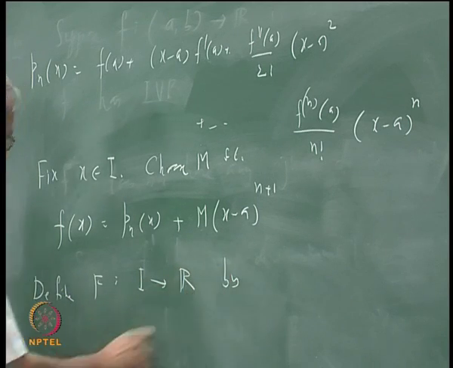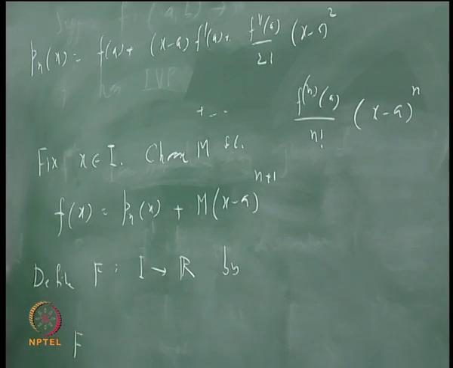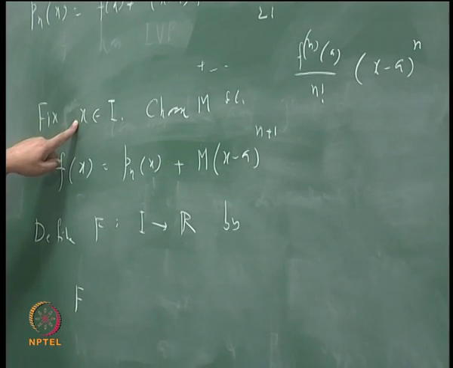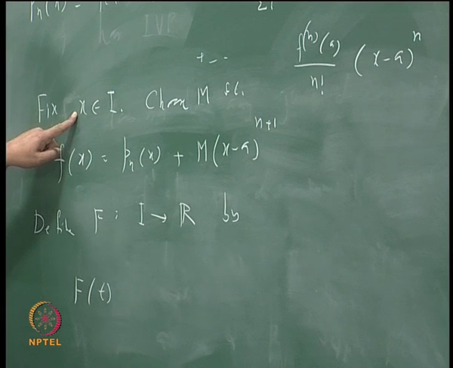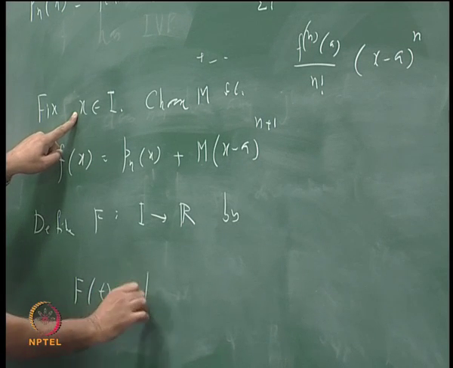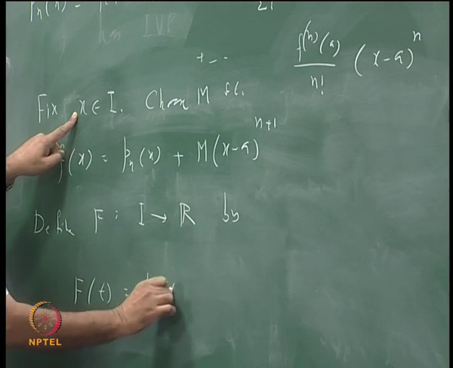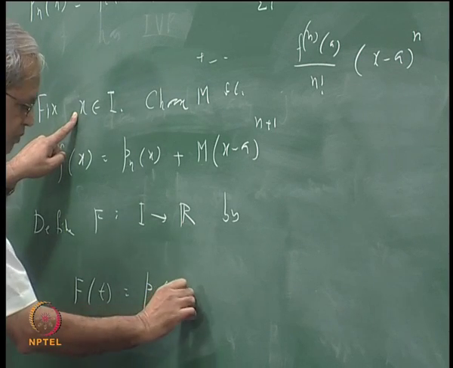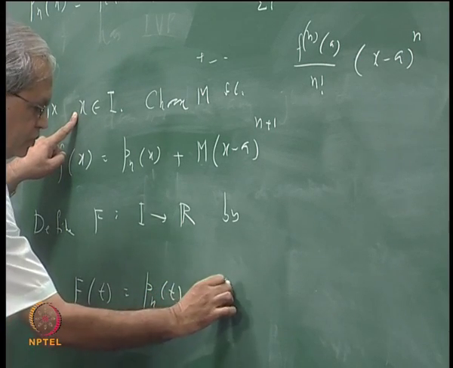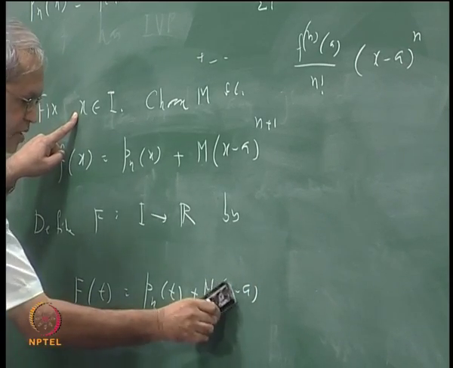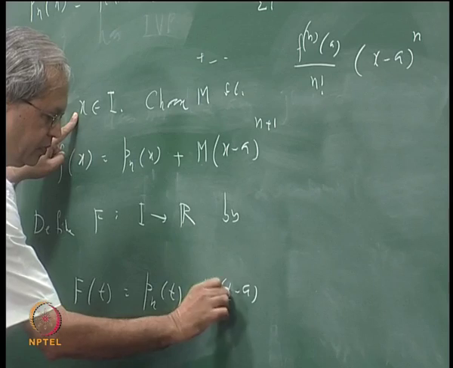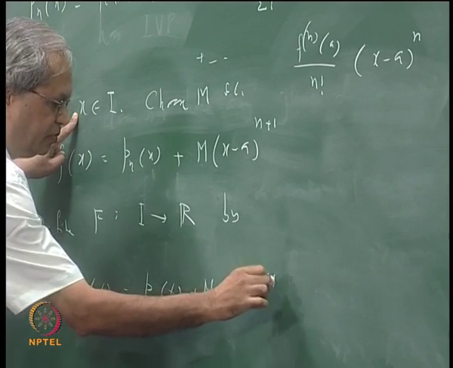Since we already fixed x for variable, I shall use some other letter later. So let us suppose I call big F at t, suppose that is the same as Pn at t plus m into, not x, I will say t minus a, t minus a to the power n plus 1.